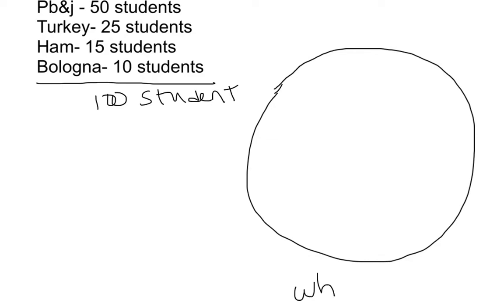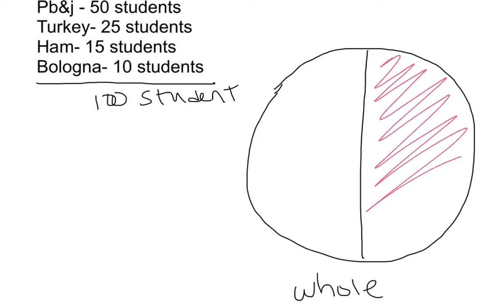So remember that. This is our whole, and we're going to break it up into parts. Our first part is PB&J, which is 50 students, which is half the circle. If my circle is 100, PB&J is 50, that is half the circle. So this is my PB&J side over here. Alright, turkey. Turkey is 25 students.